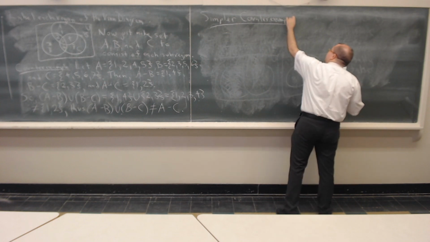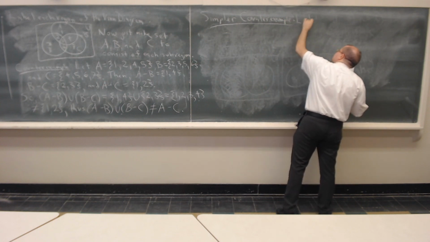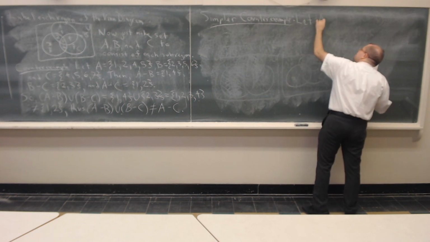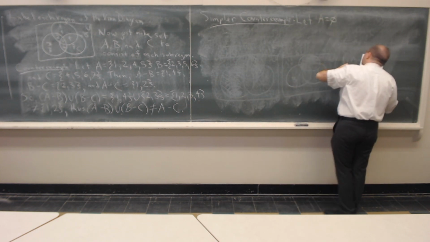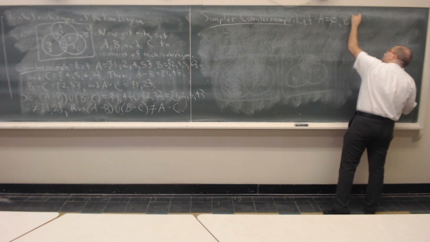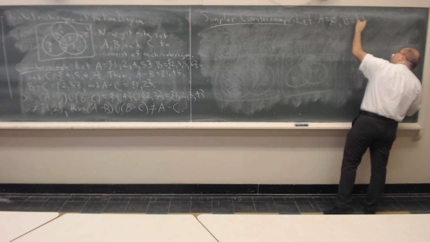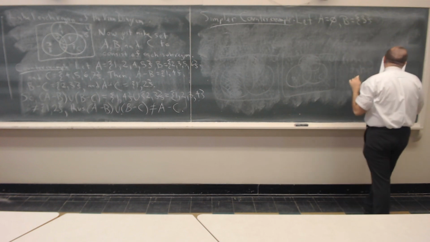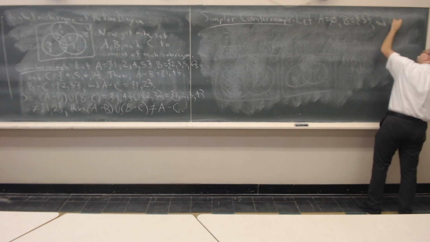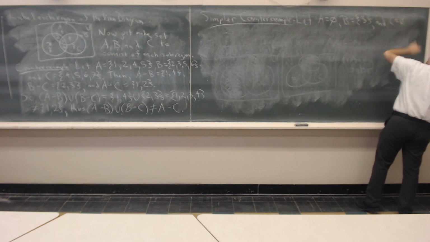So here's a simpler counterexample. I'm just going to use that idea. I'm going to let A be the empty set. B is going to be the set containing the number 3. Why the number 3? I just feel like it. And C is going to be the empty set.